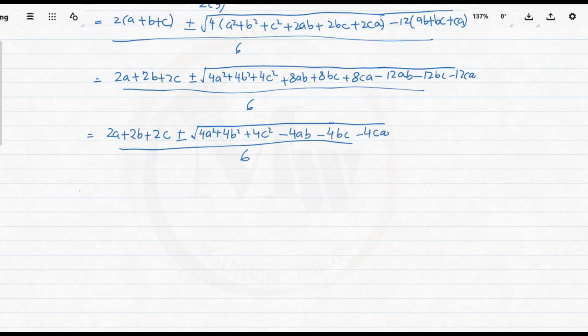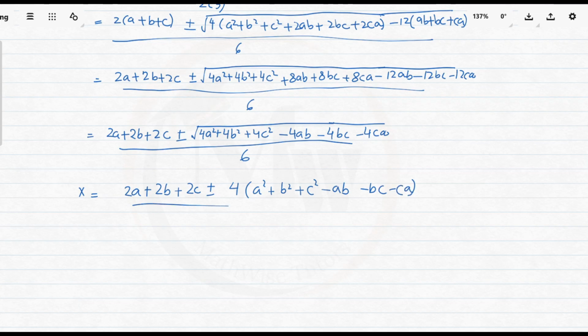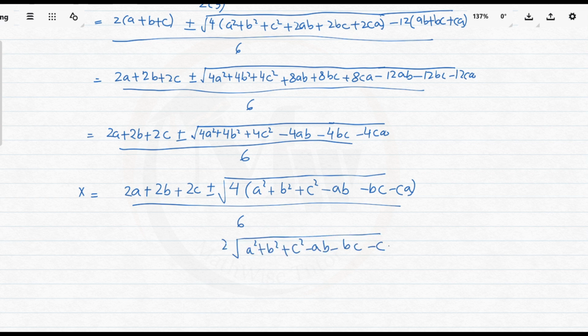We can take 4 common from the square root. So first term as it is, 2a plus 2b plus 2c. After taking 4 common inside, 4 times a squared plus b squared plus c squared minus ab minus bc minus ca, with the square root, divided by 6. And we know that the square root of 4 is 2, so it will be taken out and the other term will stay as it is.